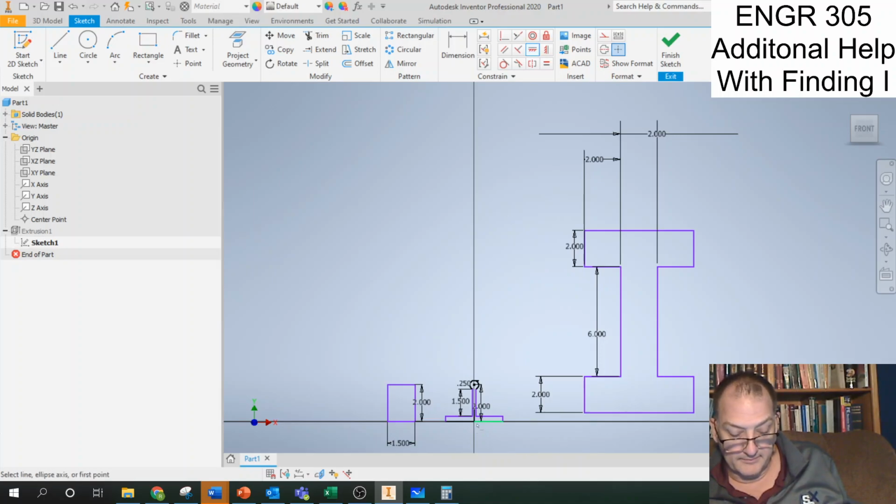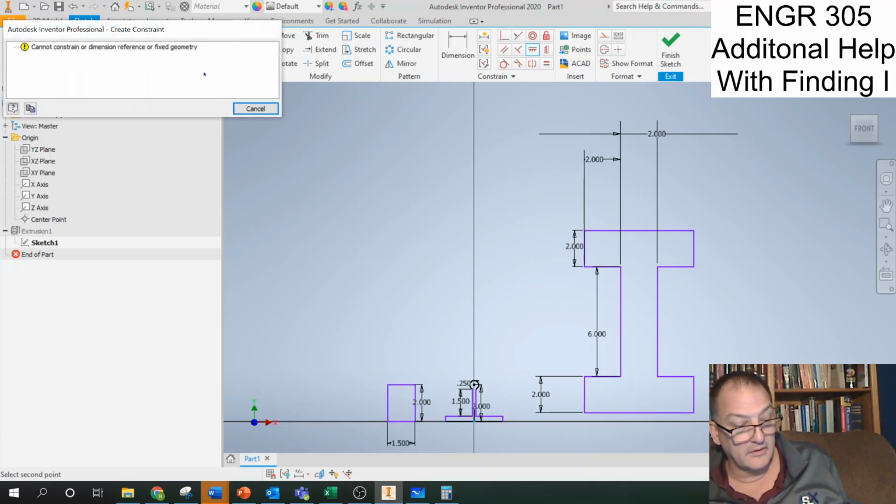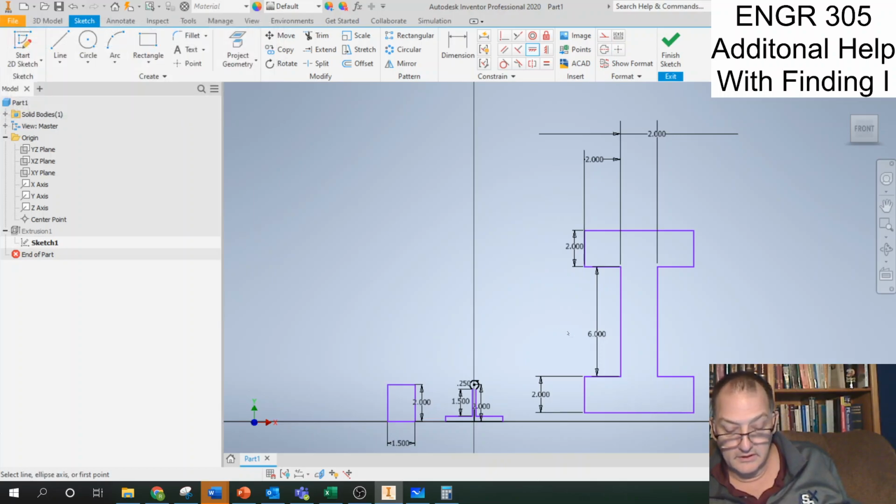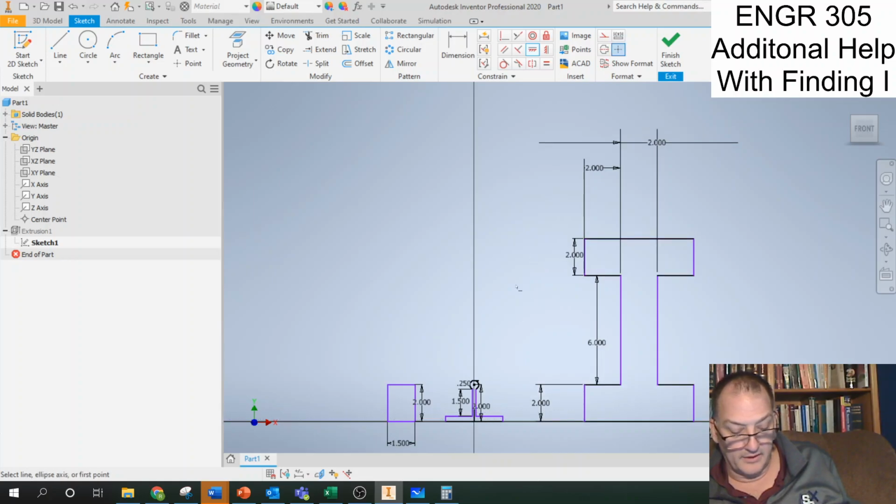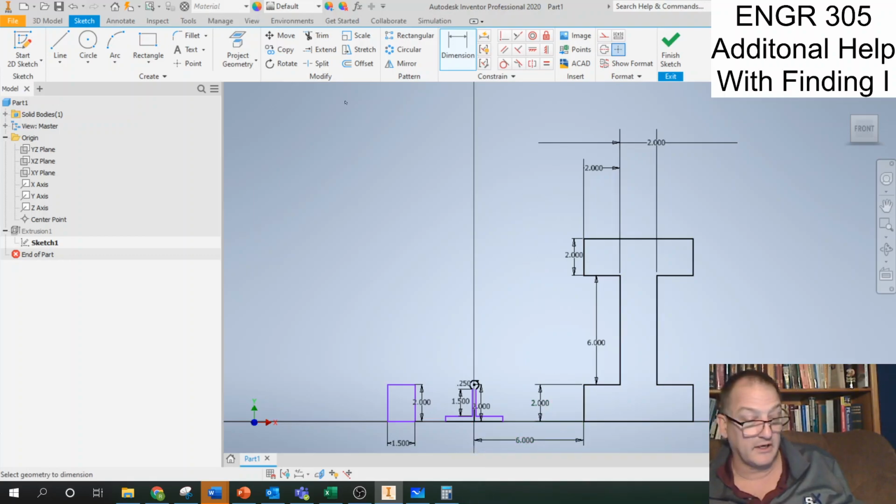I got to do it the other way. I can't do it the way I do it in SolidWorks. Oh, there we go. Okay, that snapped, and then I got to put a dimension from there to there just to keep it off the. Okay, so it is fully constrained, so I've got it drawn correctly.